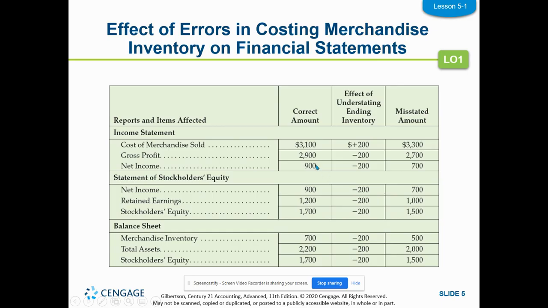Our gross profit goes down, our income goes down, our retained earnings go down, our stockholders' equity goes down, and our inventory and assets go down. Everything is affected when there's an error. This is why we make sure that we pick a good costing method that will work for our company.